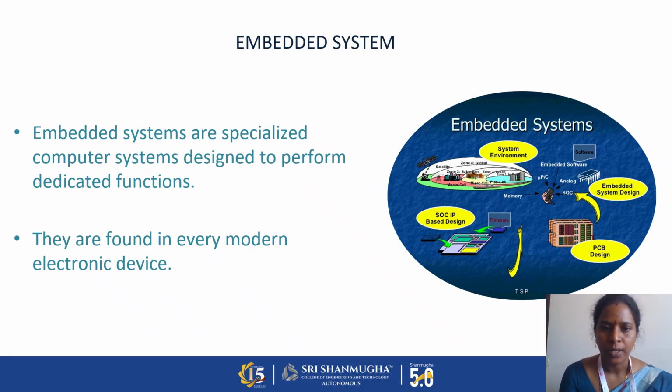So they are found in every modern electronic device. Here I show some images for the embedded system, the components of the part, the designs, and where it is used in the environment.